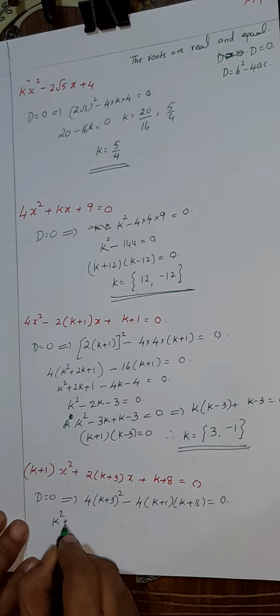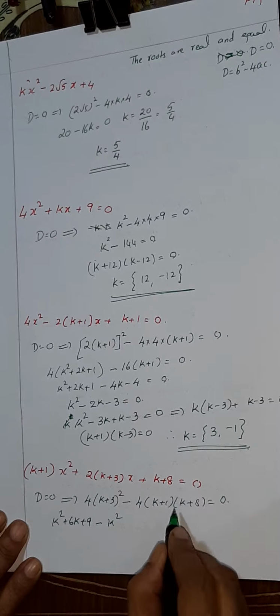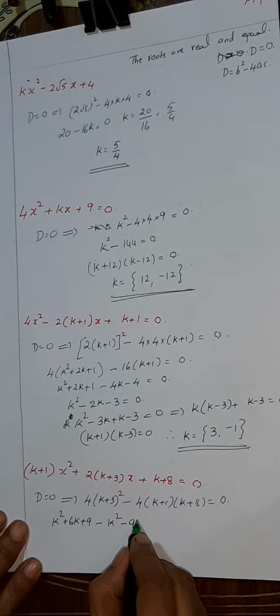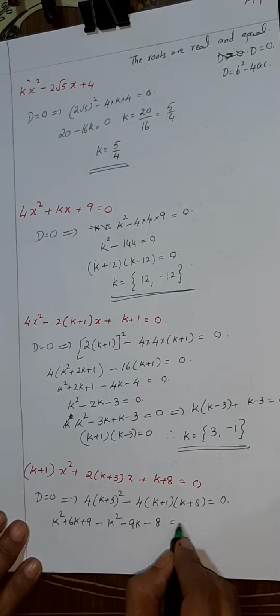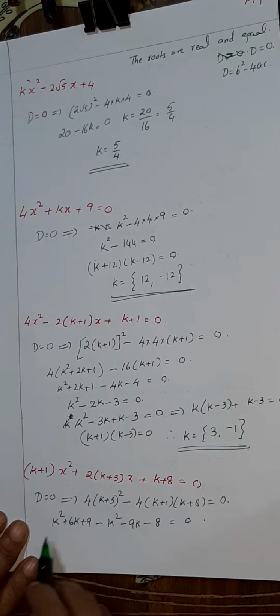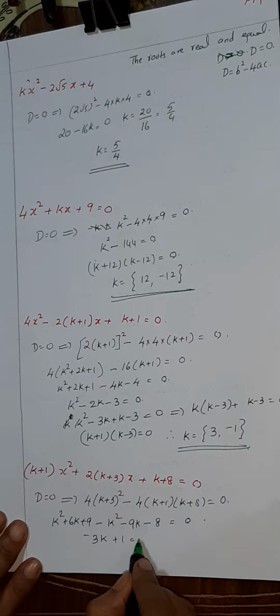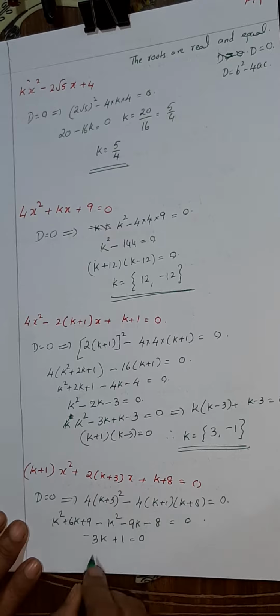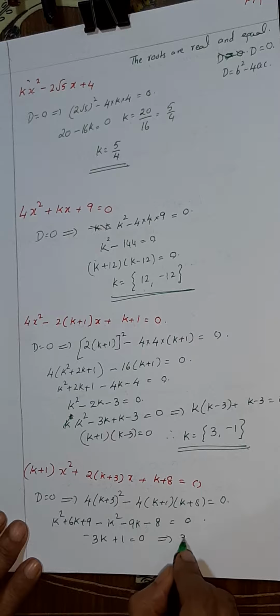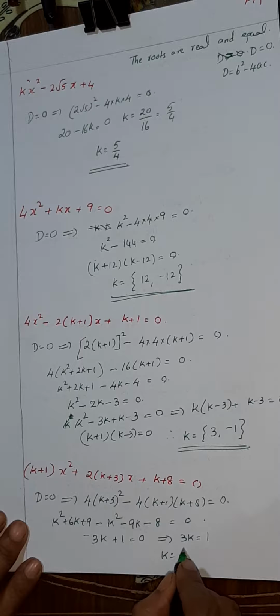So k squared plus 6k plus 9, minus k squared, 8k plus 1k, 9k. So minus 9k minus 8 is equal to 0. So k squared is gone. Minus 3k plus 1 equal to 0. So 3k is equal to 1. So k is equal to 1 by 3.